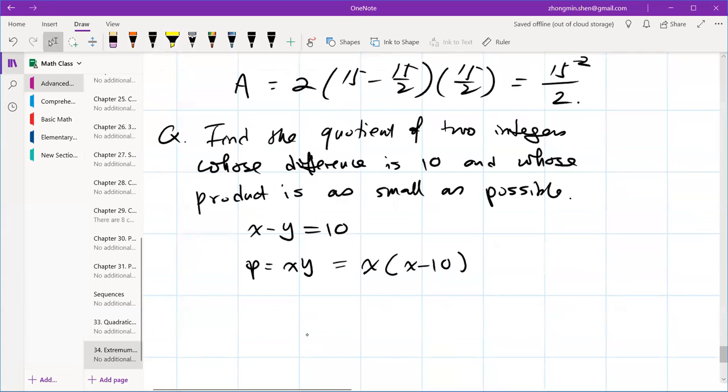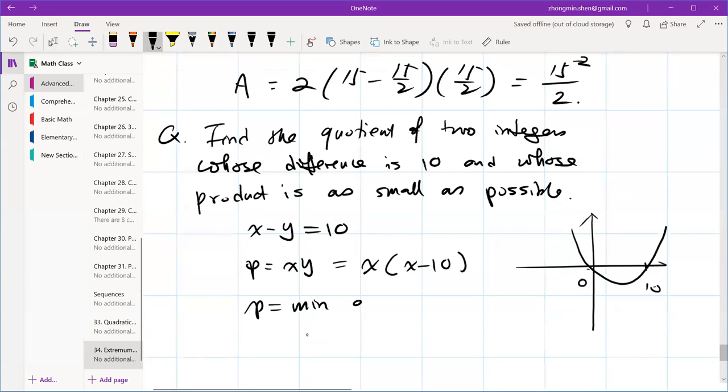So this function, the product P, is a quadratic function, and it opens upward, with zeros at 0 and 10. So P has a minimum value. P is minimum at X equals 5. Clear?